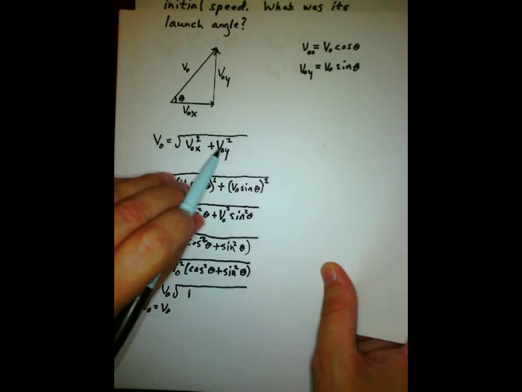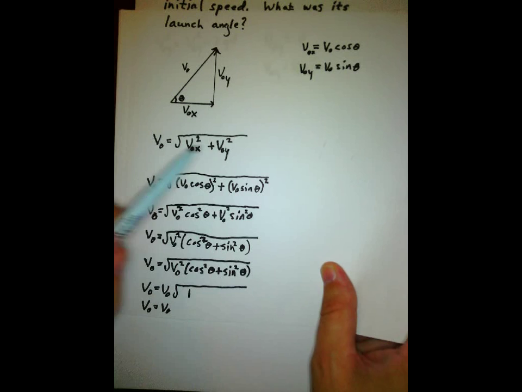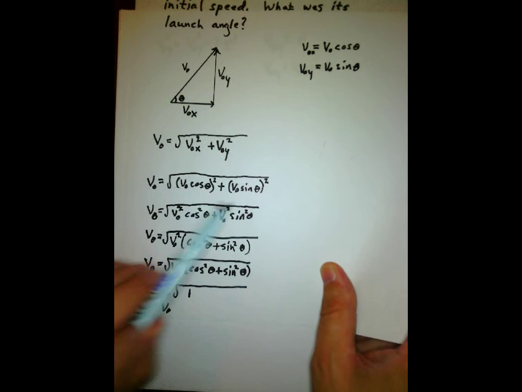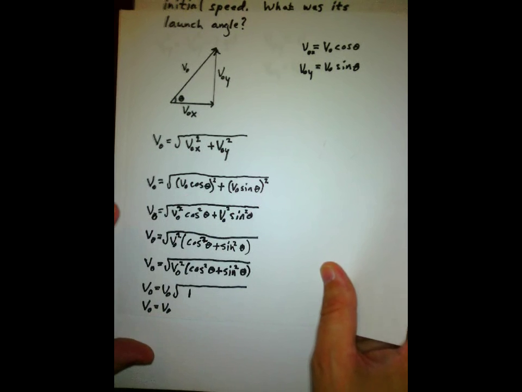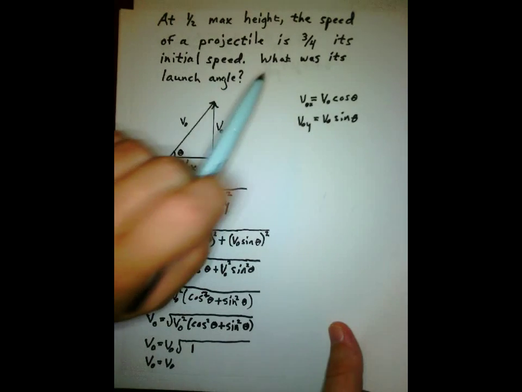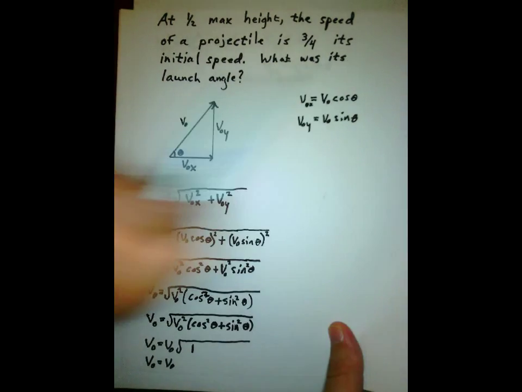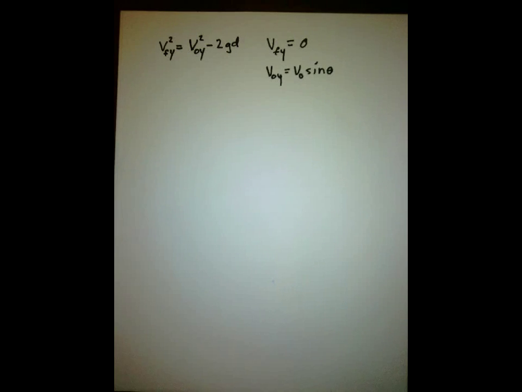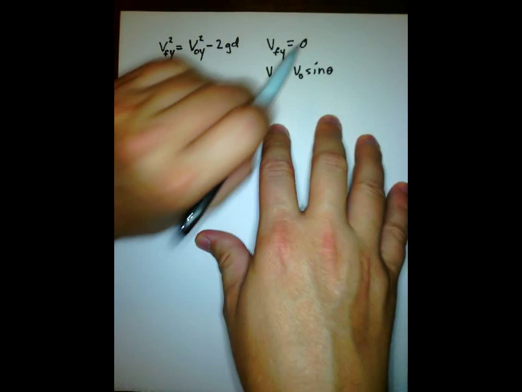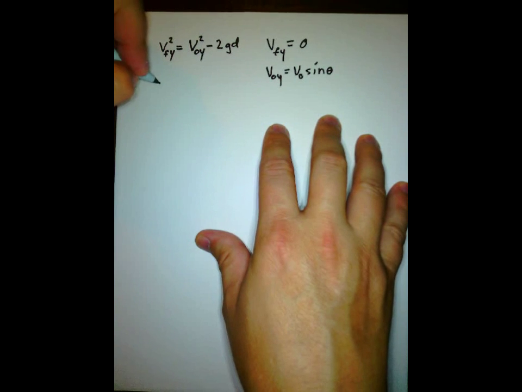Instead of having V naught x and V naught y, which is two different variables, I have V naught and V naught. Now at the same time I introduced the angle, which is another variable, but we need that angle in there because the question said, what was its launch angle? Alright, bear with me here, we're going to get through this. So this is 0.